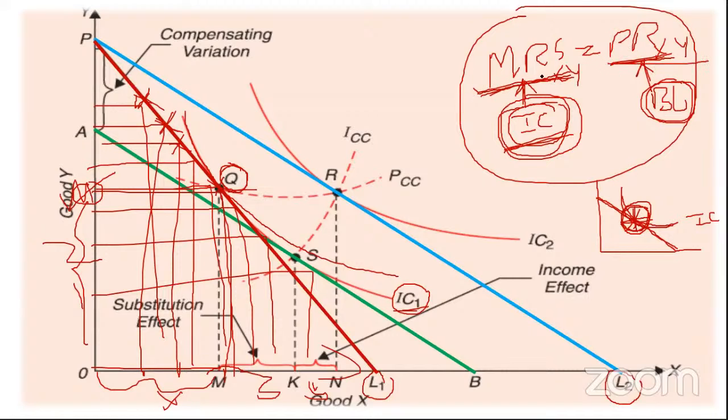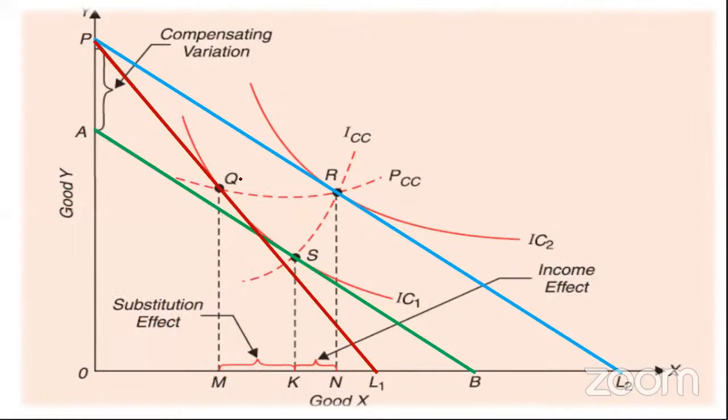When MRS equals the price ratio, that is the equilibrium position. Otherwise, when the budget line is tangent with the indifference curve, that is also the consumer equilibrium point. Up to this point is clear: the first equilibrium position is Q.